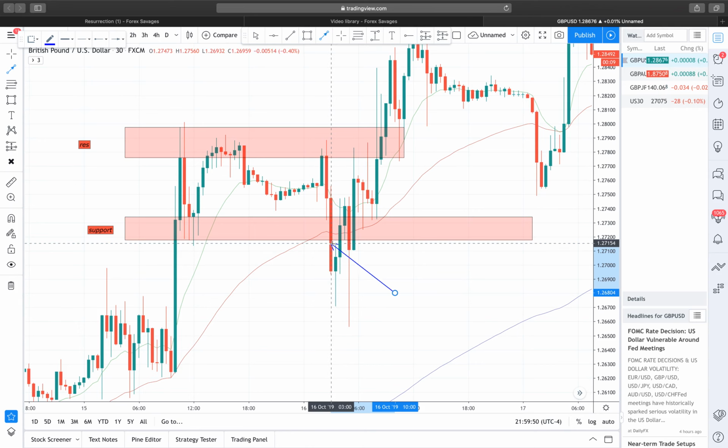If you would have got in right here, you need to write inside your journal, I need to be patient a billion times, because I took this type of trade for multiple weeks and months and lost a lot of money. The minute I mapped this down and got my shit together and became a really patient trader, that's when I started making real good money.